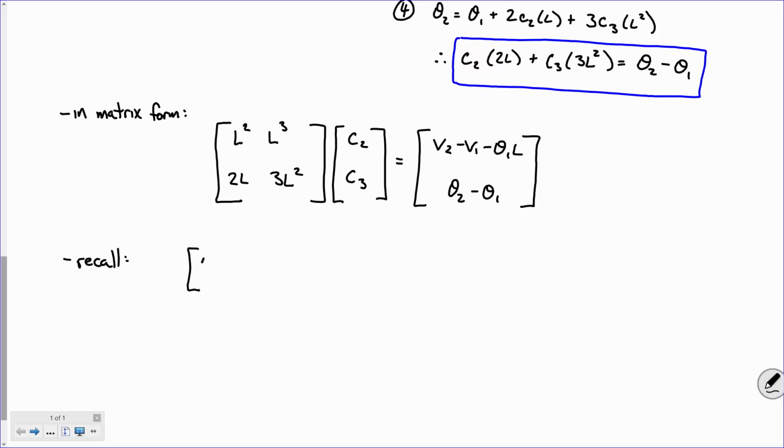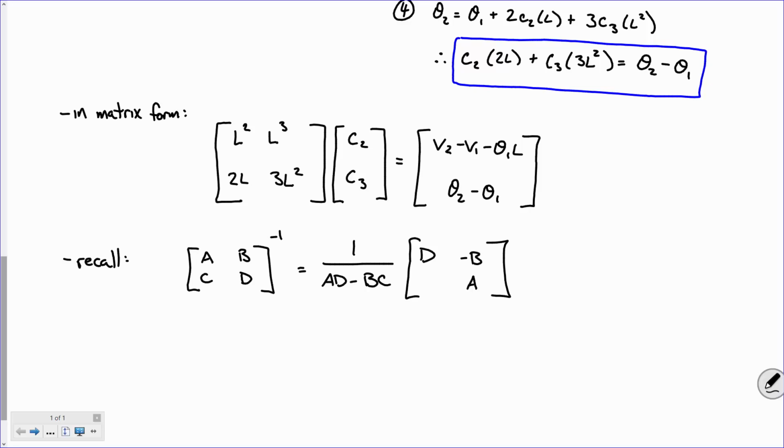If I have a matrix that's like A, B, C, D, and I want to take the inverse of that matrix, what do I do? Well, on the outside I've got a fraction, right? And AD minus BC is the determinant. And then I multiply that times the matrix. Along the main diagonal I swap them, so I've got D and A, and then these I change the sign.